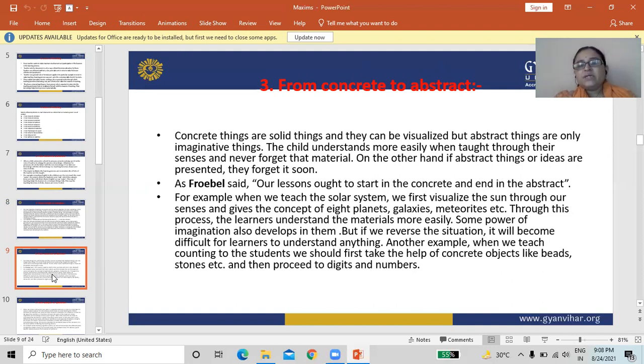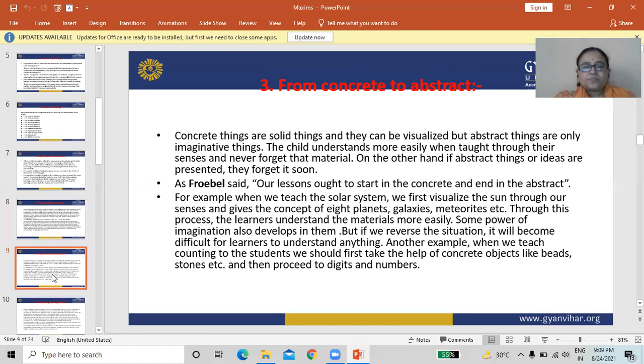On the other hand, if abstract things or ideas are presented, they forget it soon. As Horace said, our lesson ought to start in the concrete and end in the abstract.